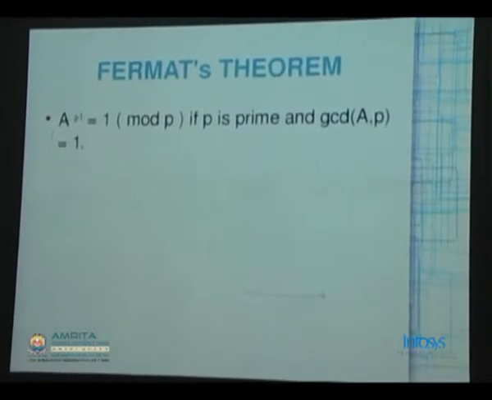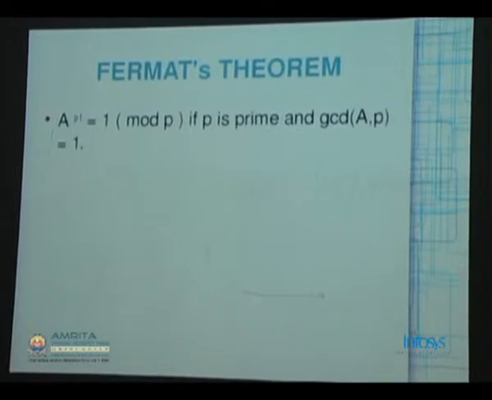It's called the Euler-Totient function of n. I'll be covering that later on, just after this slide, because that particular function is related with a very famous theorem, the Euler-Totient theorem, and that theorem could only follow this. So let me first cover this, and then we'll move to that.